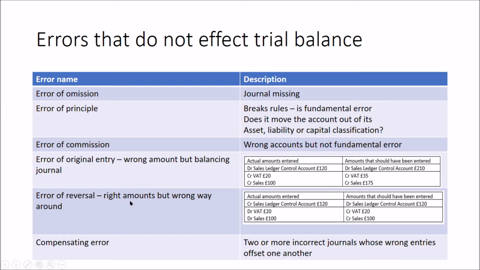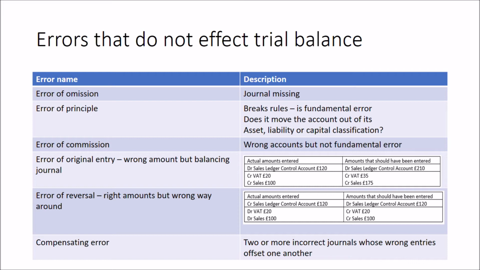An error of reversal is the right amount, but it's the wrong way around. So here, instead of posting it to the debit sales ledger control account, I posted credit sales ledger control account. Instead of being credit sales, I posted debit sales and debit VAT. In real life, it tends to be people who have poor double entry bookkeeping because they learned debits and clicks or whatever. Then they thought, oh well, sales are great, so things that are great are debit, therefore debit sales.